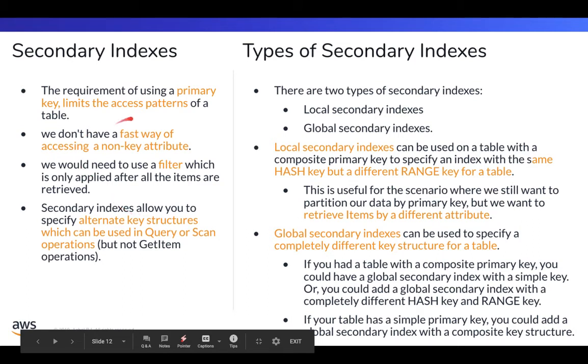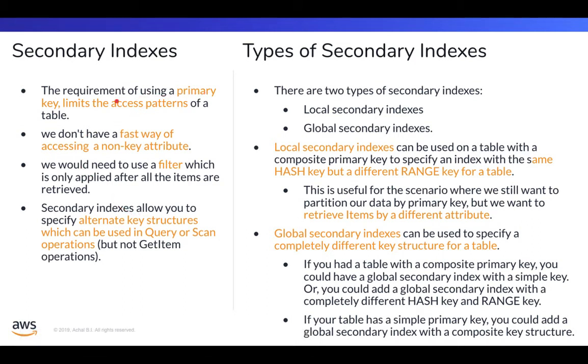The requirement of using the primary key limits the access patterns of the table, so we use an alternate key structure to query or scan. But using secondary indexes, you cannot use the GetItem operation.